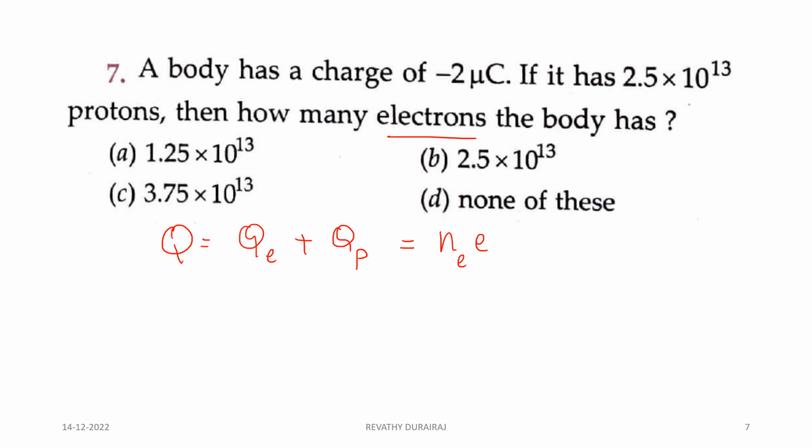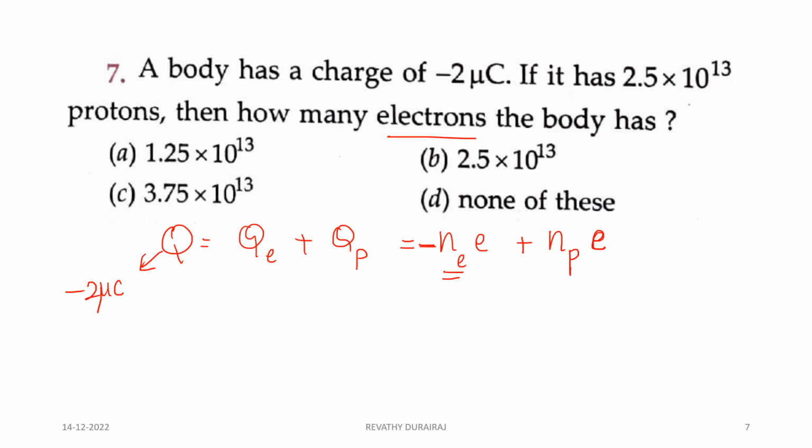The charge of one electron is e, but it is opposite charged, so negative e. Plus the number of protons times the charge of the proton is also e. So the charge of the proton and electron, they are same, but they are oppositely charged. We have to find out this quantity Ne, and this is given as minus 2 microcoulomb.